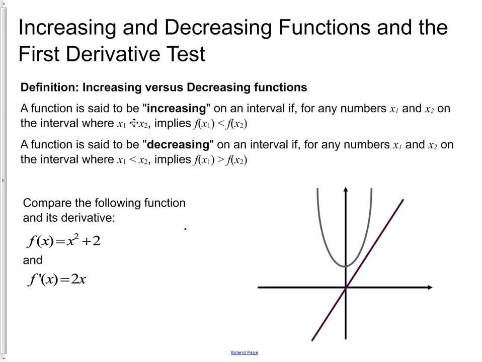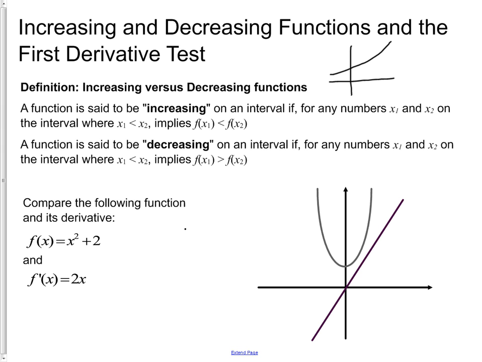A function is said to be increasing on an interval if for any numbers x1 and x2 on that interval, where x1 is less than x2, it implies that f of x1 is less than f of x2. So you imagine that we might have a function with an x-axis and y-axis, and the function visually seems to go up as we go from left to right.